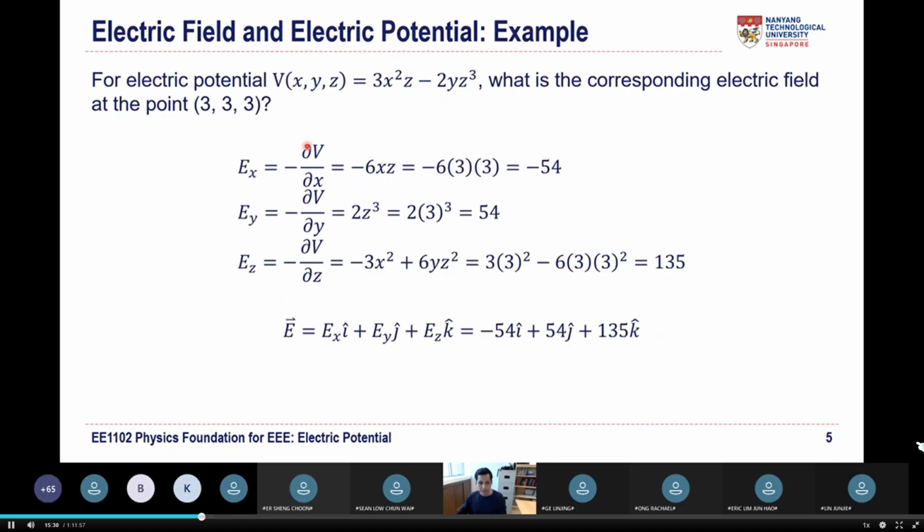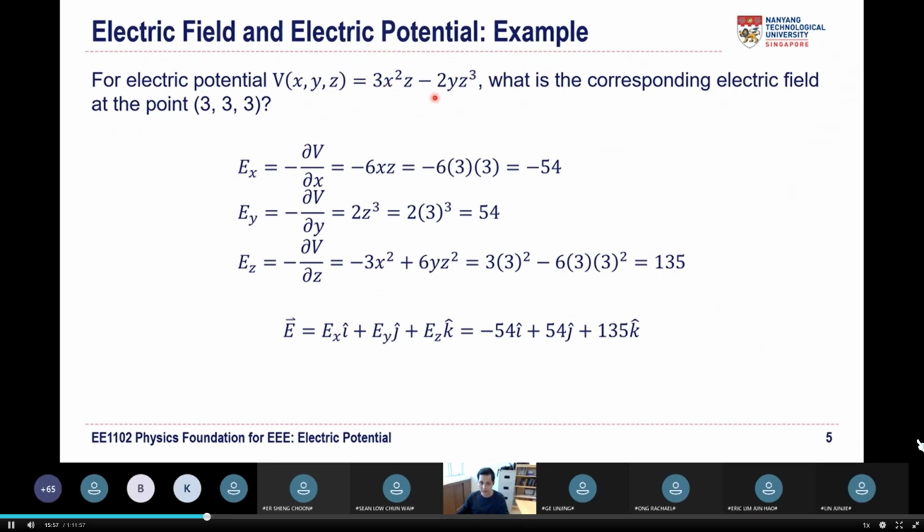As I said, we can quickly look at an example. Let's say we can describe the electric potential at point x, y, z by this equation. If we know the coordinates x, y, and z at a certain point in our three-dimensional space, we use this equation to calculate the voltage.